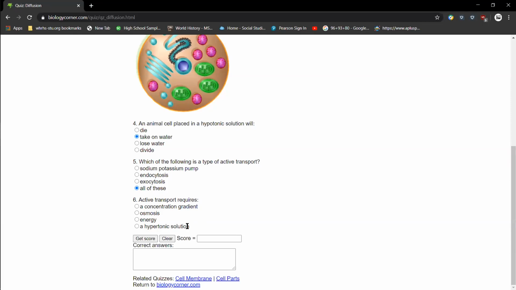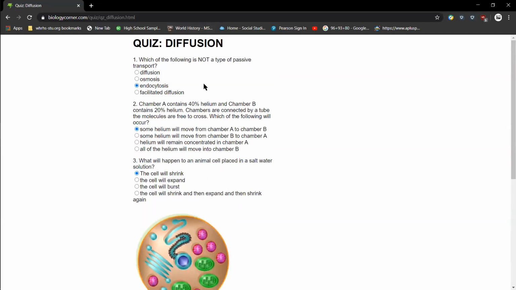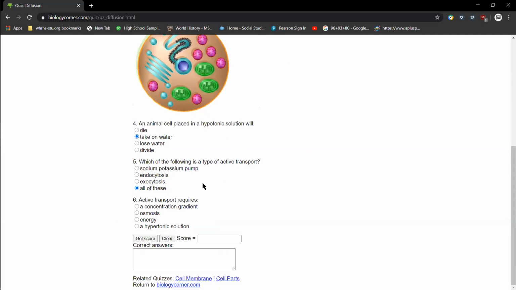So the answer here was C, or energy. Remember, passive transport, for the first question, passive transport does not require energy. Active transport is any type of movement that requires energy.